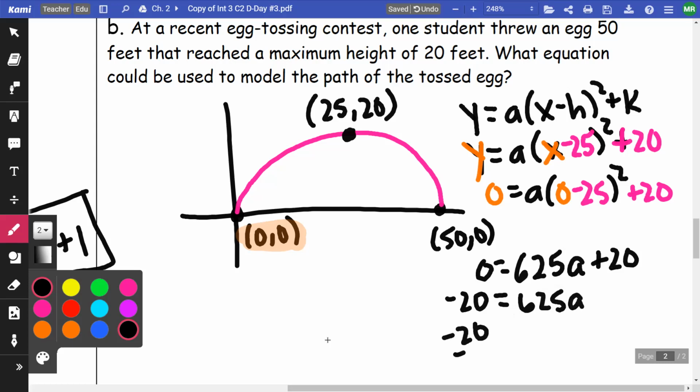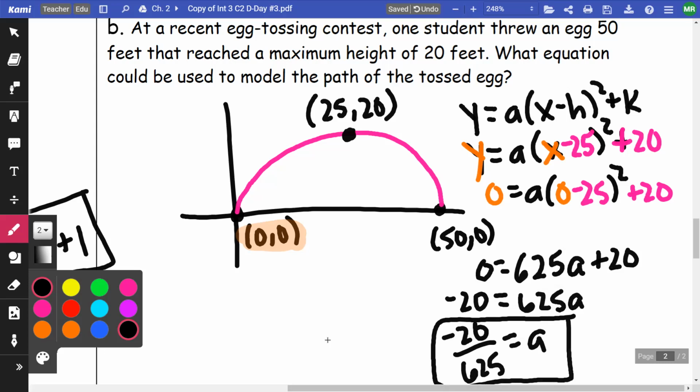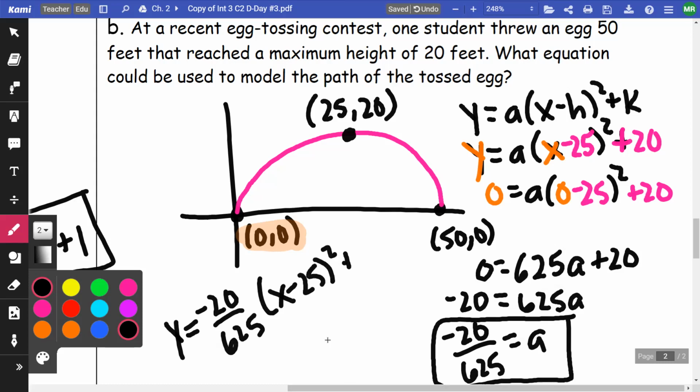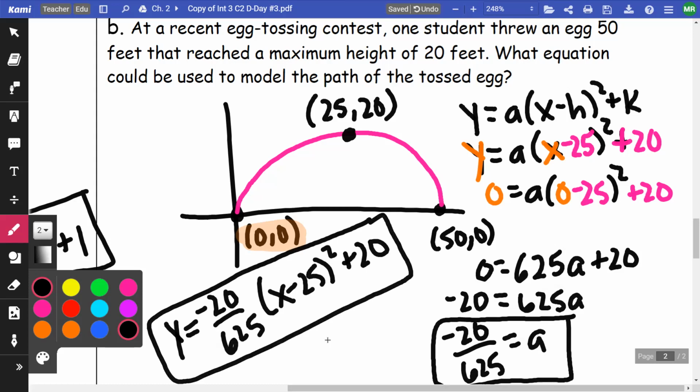So I get negative 20 over 625 is equal to a. Now, I could put this in a calculator and reduce it, but I'm just going to leave it right now. So this is going to be y is equal to negative 20 over 625, and you don't need to give it to me as a decimal, times (x minus 25) squared plus 20. And that is our equation.